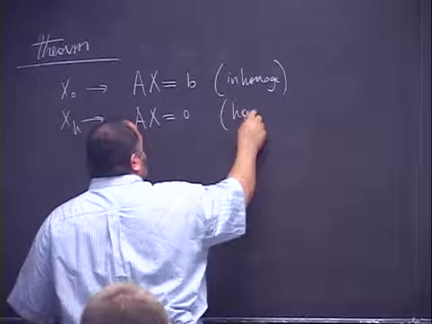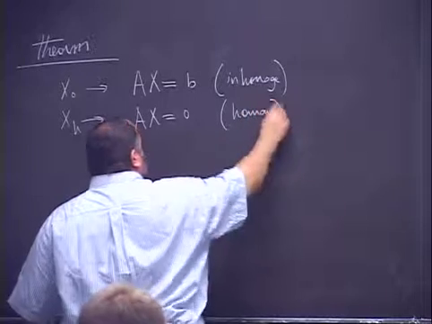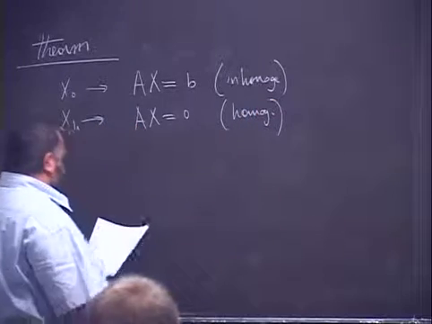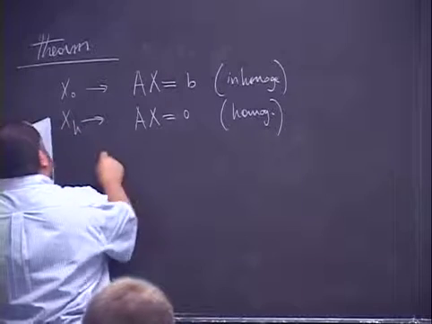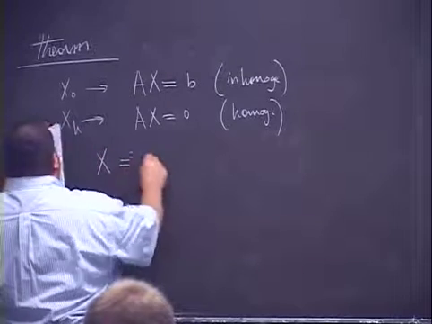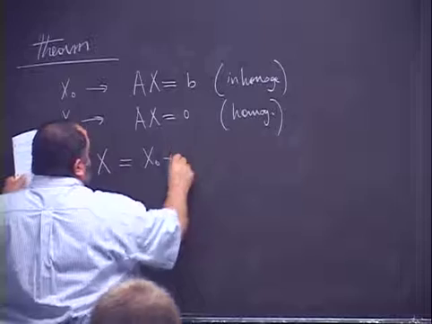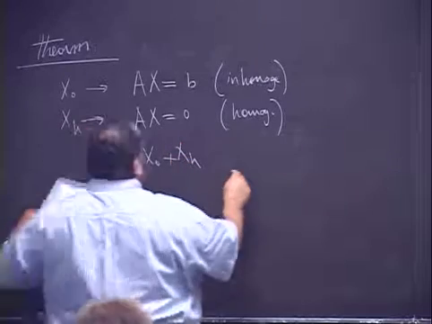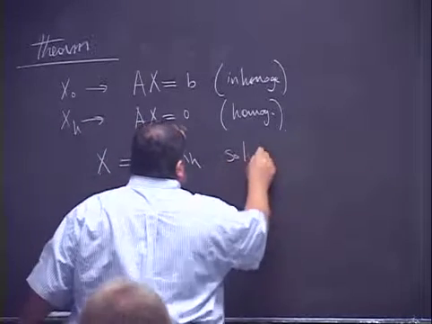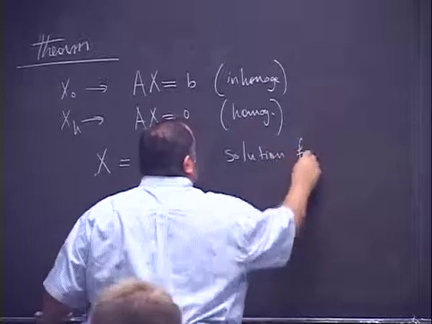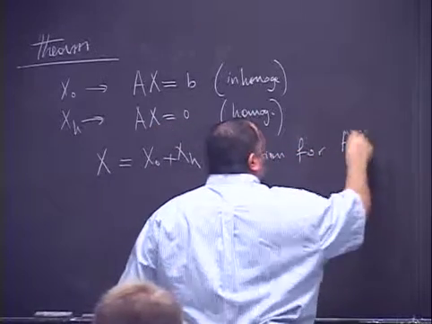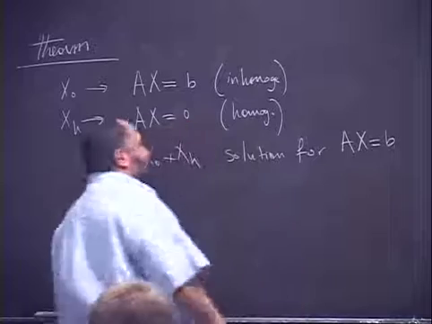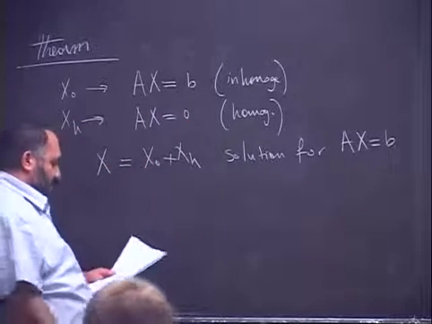So this is the homogeneous case. The theorem states that x equal to x naught plus Xh will be a solution for the inhomogeneous equation AX equal to B.